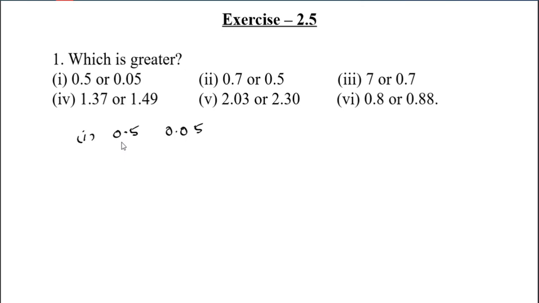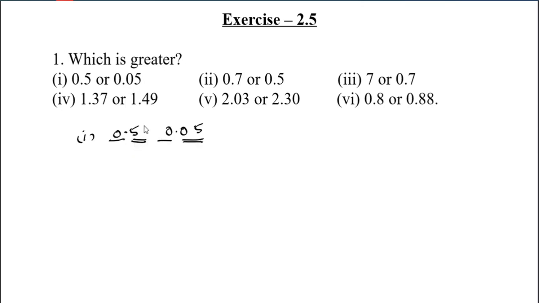First you compare the digits to the left of the decimal point. Here the left of the decimal point is the whole part. In the whole part, what are the digits we have? 0 and 0. Both are the same, so we cannot compare. Now you compare the digits in the decimal part. This is the decimal part.